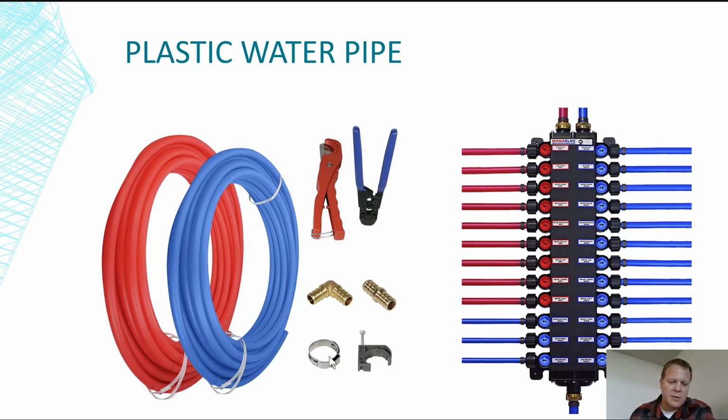And this little thing right here is used with this tool to seal up the different ends. So as this fitting goes in there, this little thing gets crimped on and tightens down around it, keeps it. So this is a manifold, right?